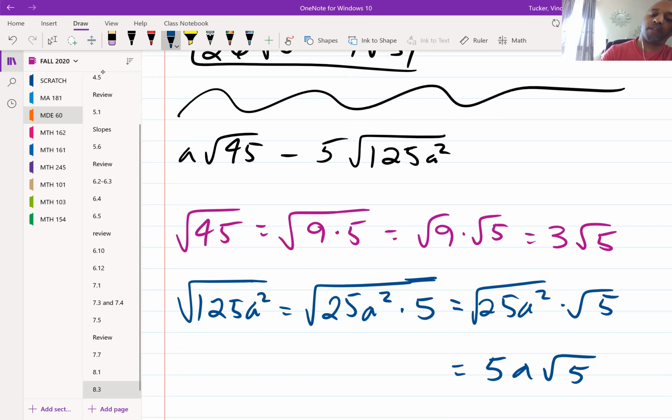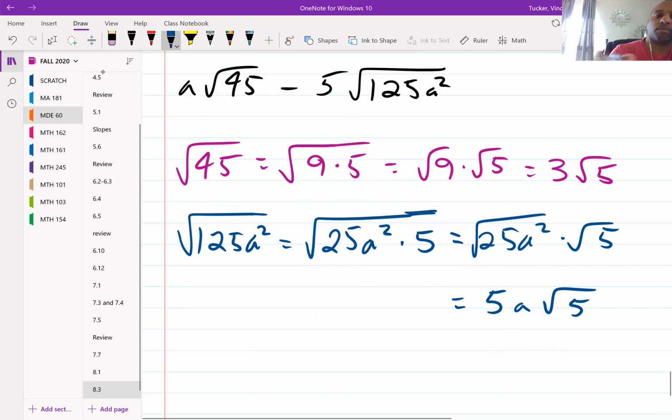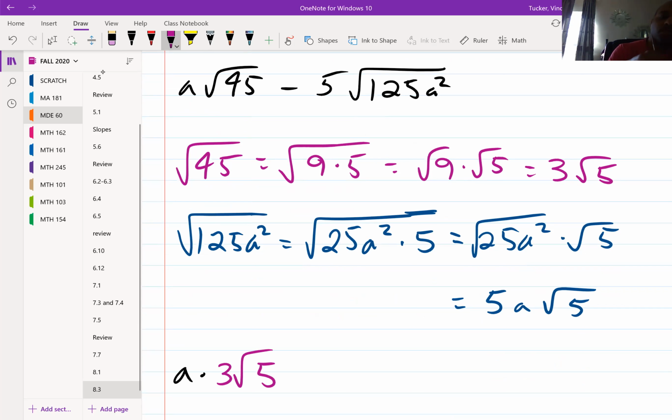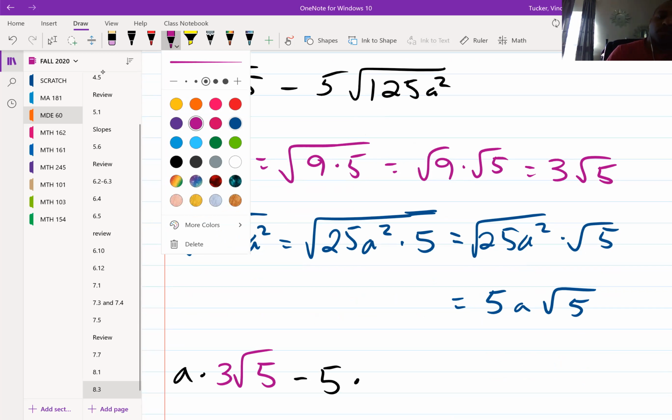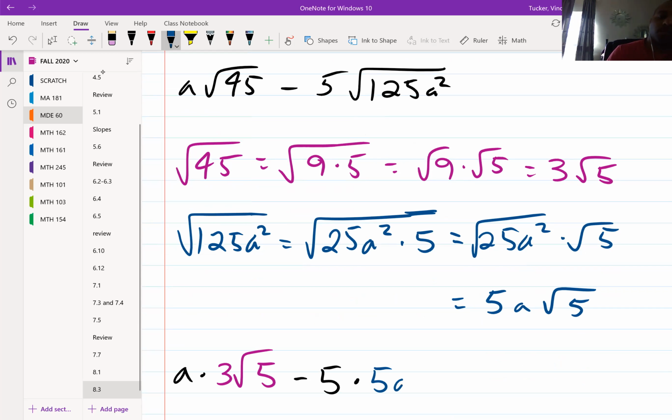You leave the other 5 under the radical. All right.